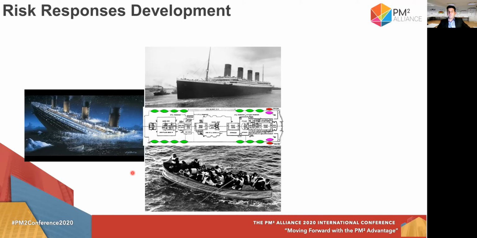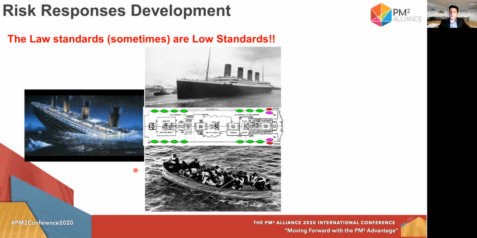And why did that happen? Because the people that built Titanic said, we have the boats that the law obliges us to have, although it wasn't the number they needed according to the passengers. Sometimes during the development of the responses, we have to check if the low standards are really low standards.